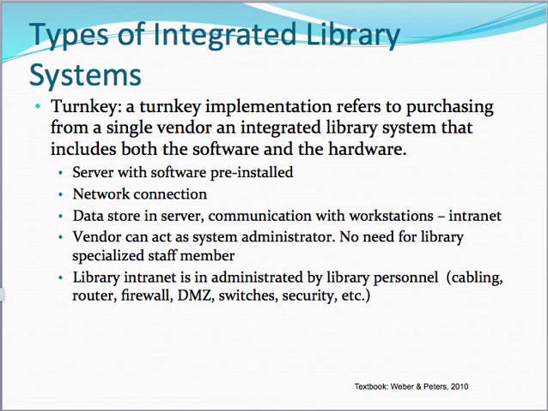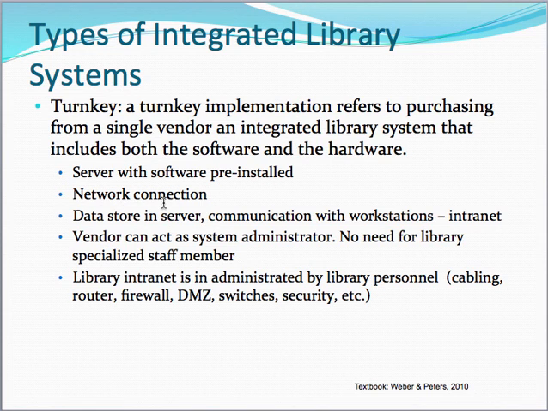Now, what are some types of integrated library systems? One is called a turnkey. A turnkey implementation refers to purchasing from a single vendor an integrated library system that includes both the software and the hardware. Okay, so you will get a server with the software pre-installed.